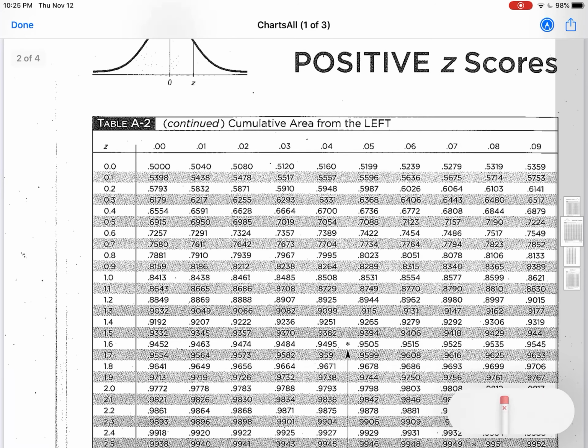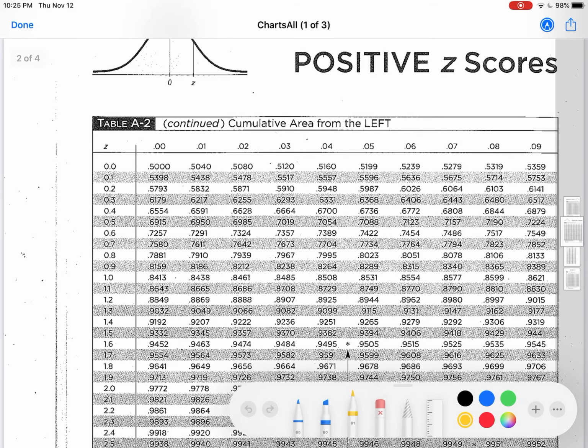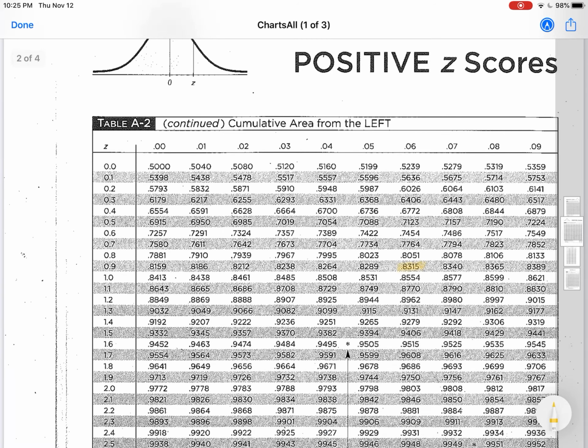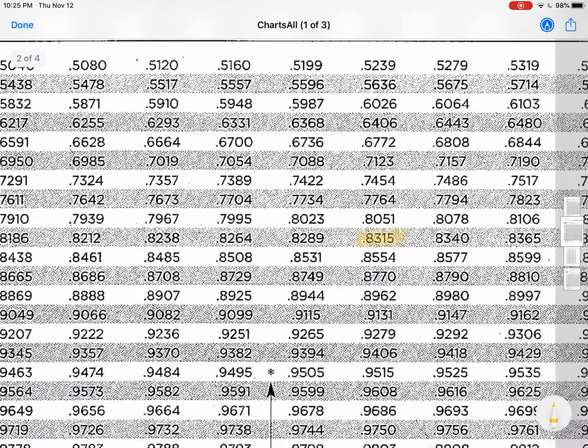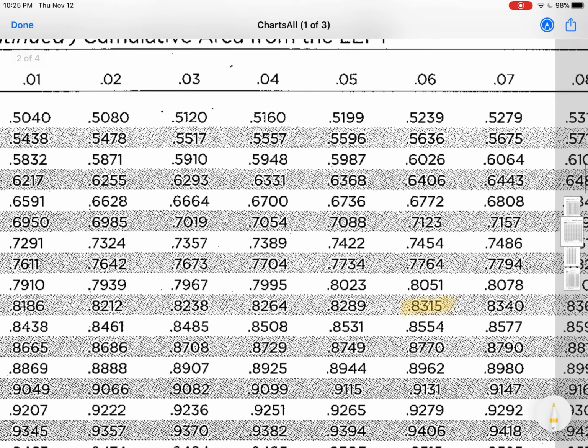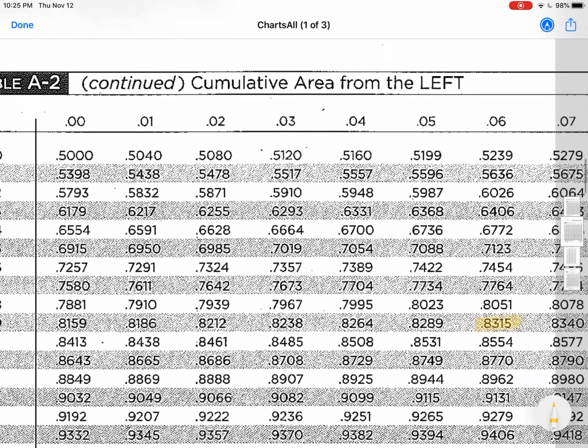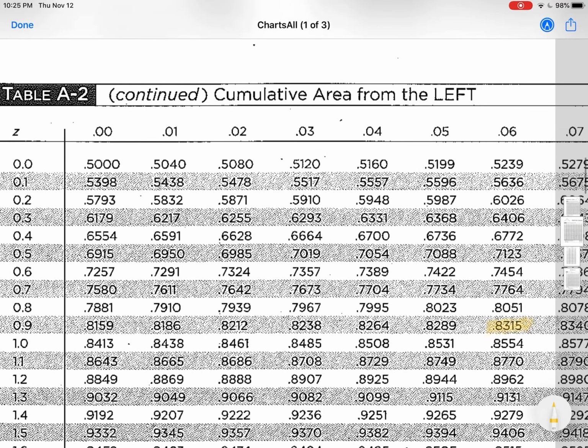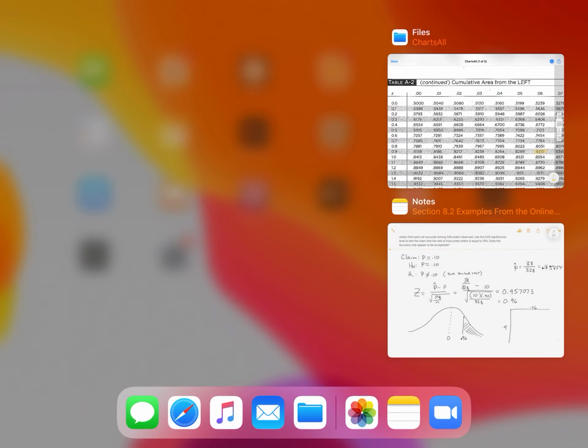Let me highlight that. See that there? I'll make it big. That's at the intersection of the 0.9 row and the 0.06 column. Awesome.